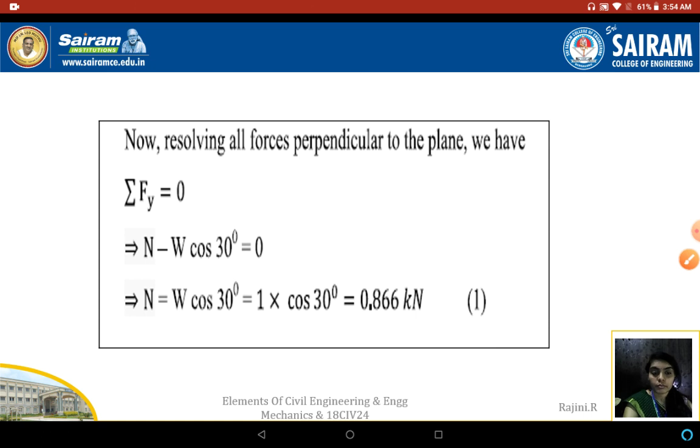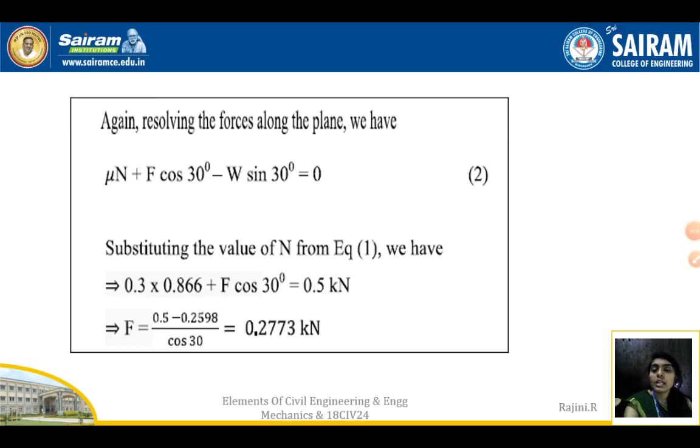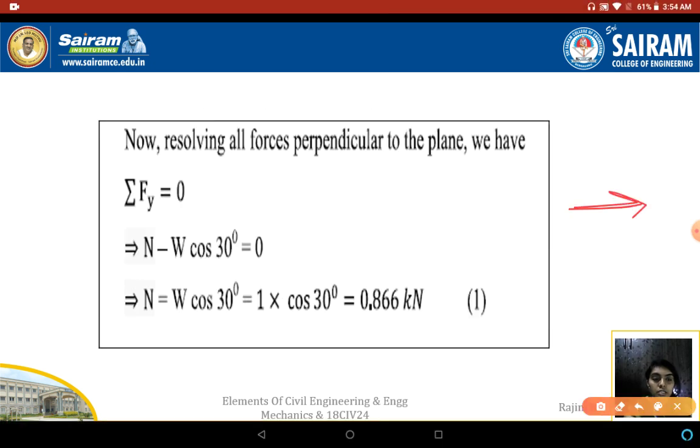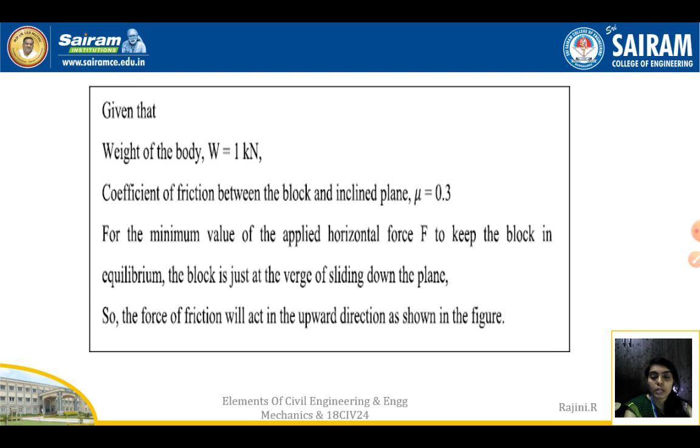Next, resolving the forces along the plane. Along the plane means x. We have mu into N, that is the friction force, plus F cos 30 degrees minus W sin 30 degrees. Just go back to the figure.